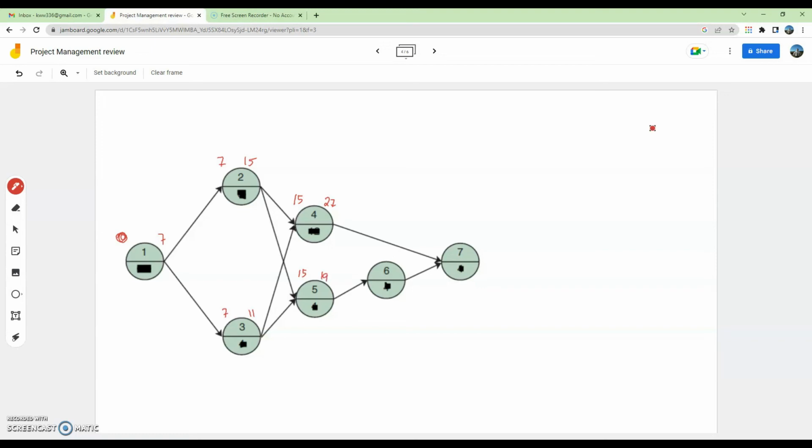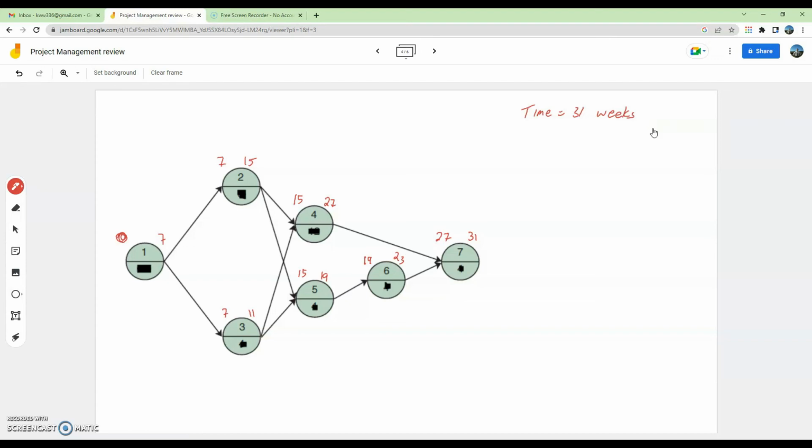Activity 6 after activity 5 takes 4 weeks, that's 23. Activity 7 has to start after activity 4 and 6 are completed, so it has to wait until activity 4, 7, and it takes 4 weeks, that's 31. So the time now is 31 weeks. The original time was 36 weeks, so we have shortened the whole project by 5 weeks.